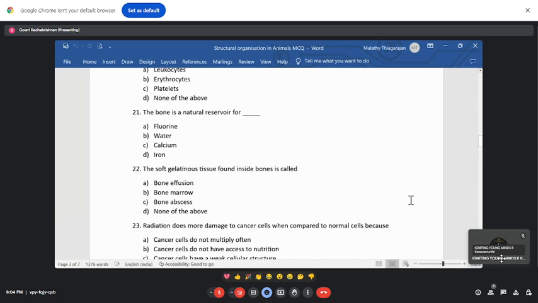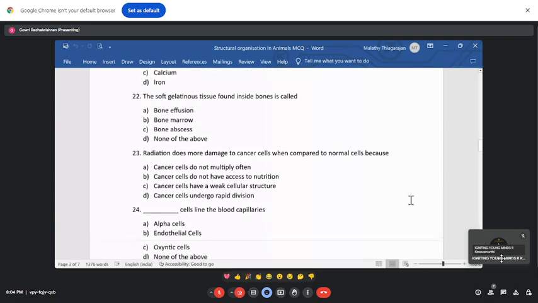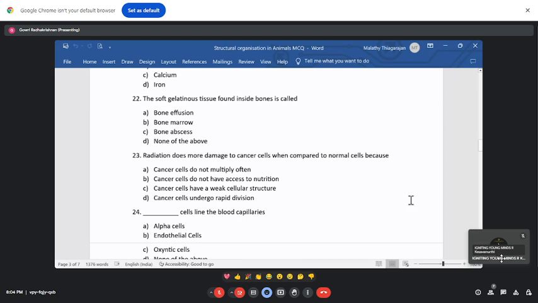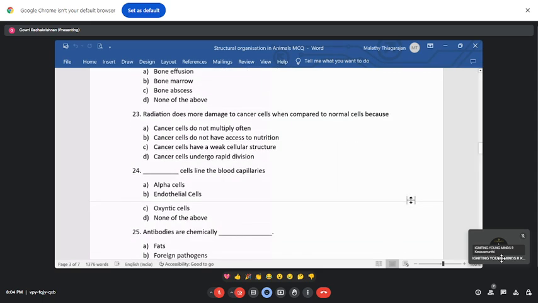The bone is a natural reservoir for calcium. That is option C. The soft gelatinous tissue found inside bone is called bone marrow, option B. All right, 23rd. Radiation does more damage to cancer cells when compared to normal cells because.